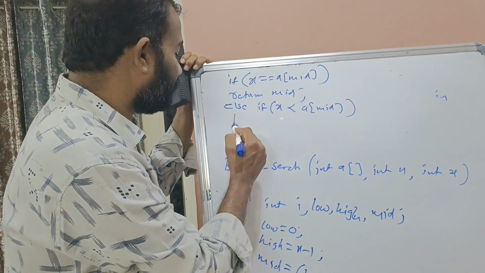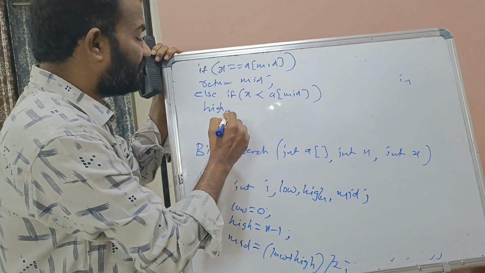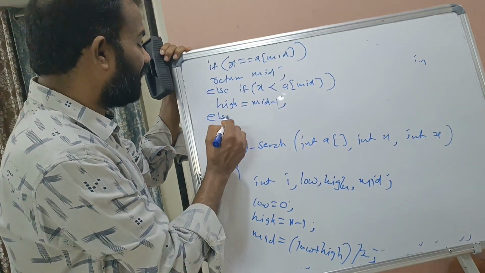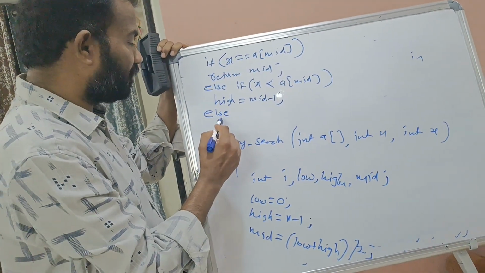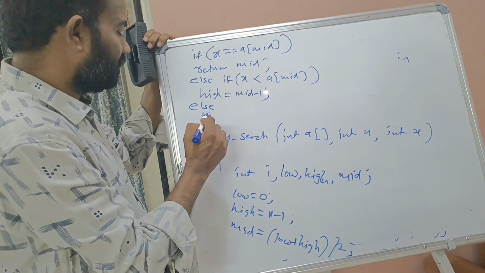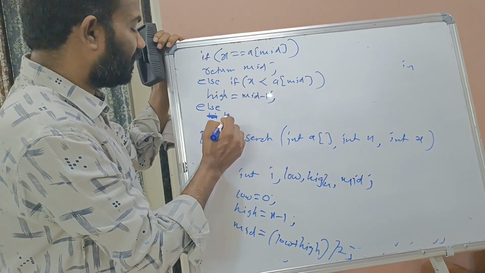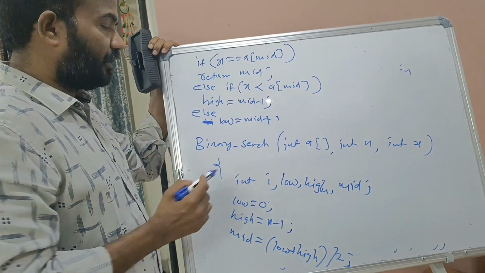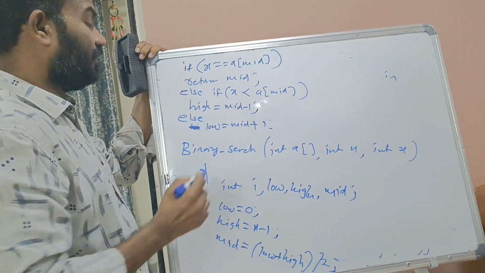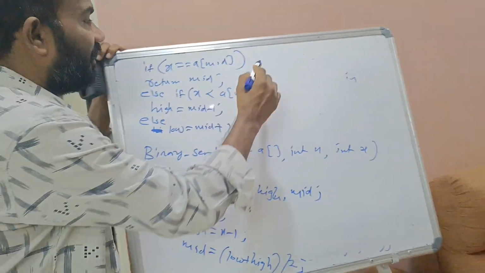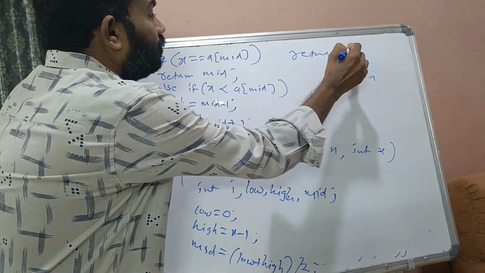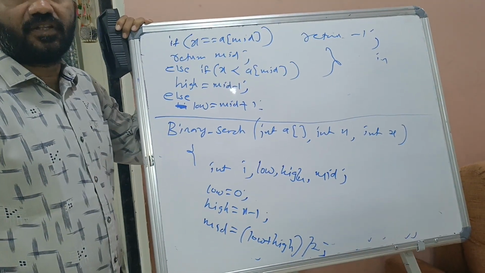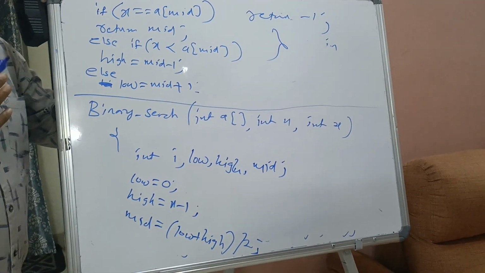That means high is changed to high is equal to mid minus 1. Otherwise, low is equal to mid plus 1. Suppose this is all wrong, then we return minus 1. Close. So this is about the iterative binary search C program.